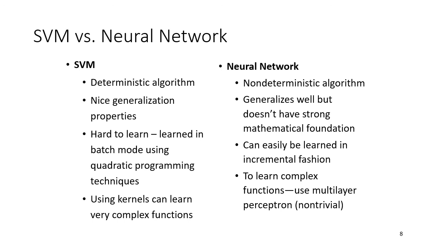SVMs are hard to learn in batch mode using quadratic programming techniques, but a neural network can be learned easily in an incremental fashion. And SVM uses a kernel which can learn very complex functions, while a neural network basically relies on a multi-layer perceptron for complex functions.